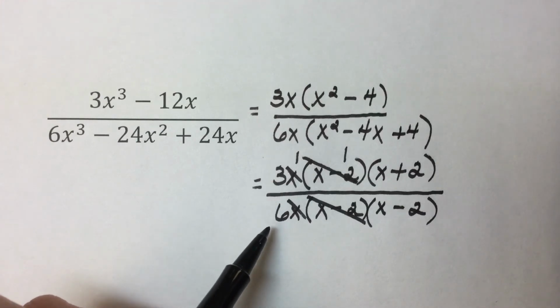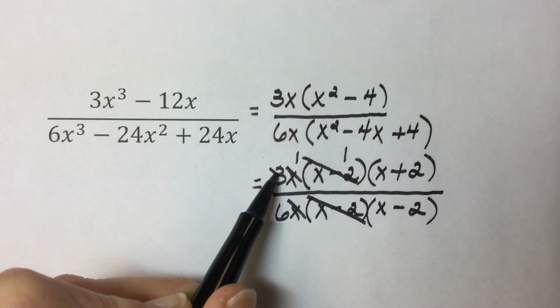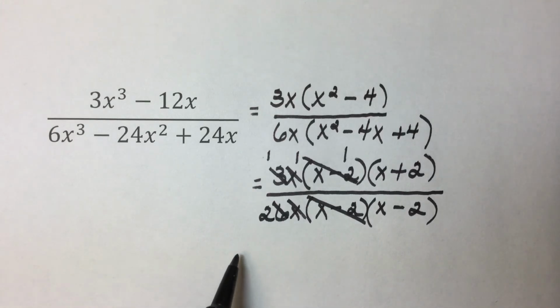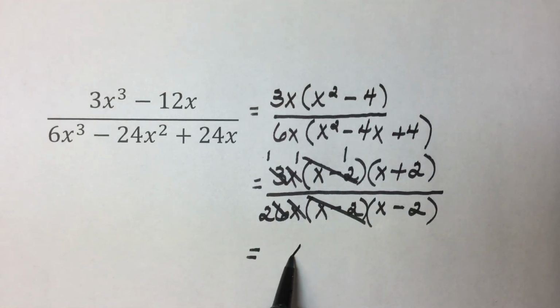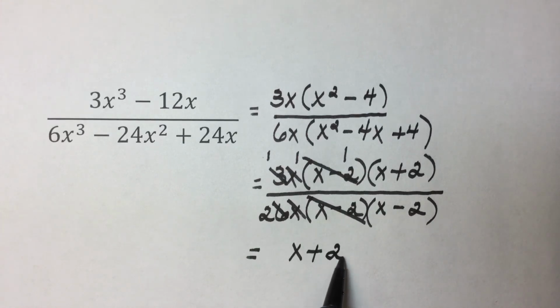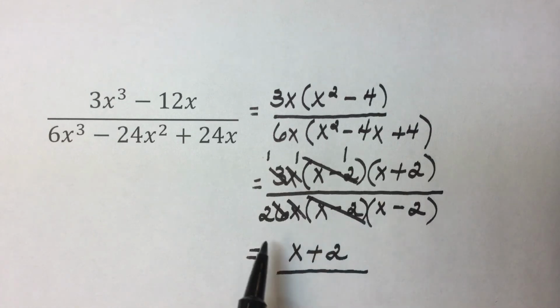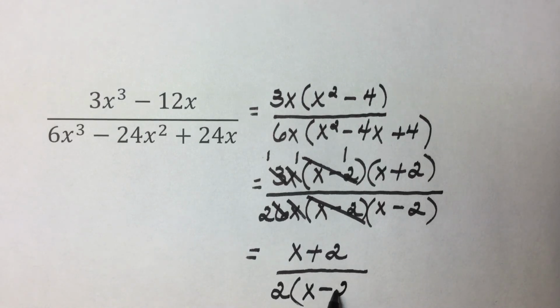And 6 has a common 3. 3 divided by 3 is 1. 6 divided by 3 is 2, leaving the x plus 2 factor in the numerator, since we have 1 times that quantity. And in the denominator, we have our integer of 2 times that binomial of x minus 2, the factor remaining there in the denominator. Here we have our simplified version of the original rational expression.